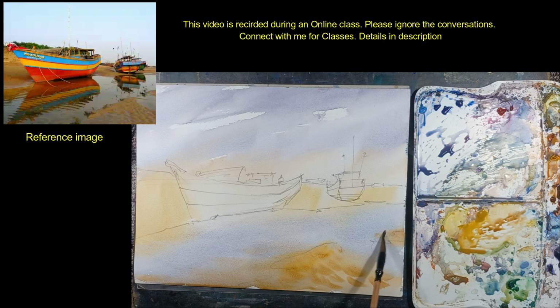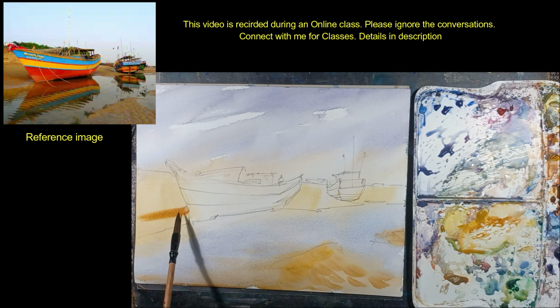In this stage I can add this because the water is already wet, so I can add certain textural elements. For example, a little bit of shadow here, a dark shadow here. If the water is drying, then don't do it, we can do it in the next stage also. But if it is wet, we can still use the time for this work also.